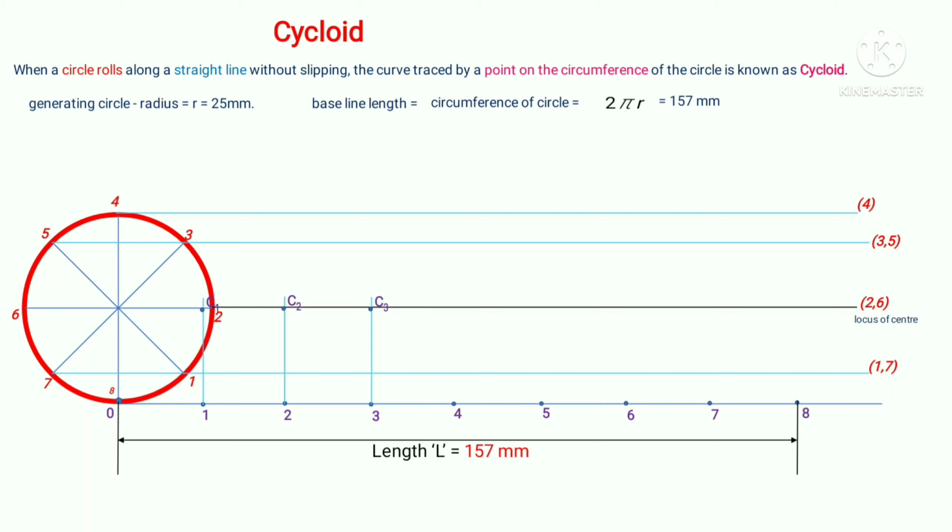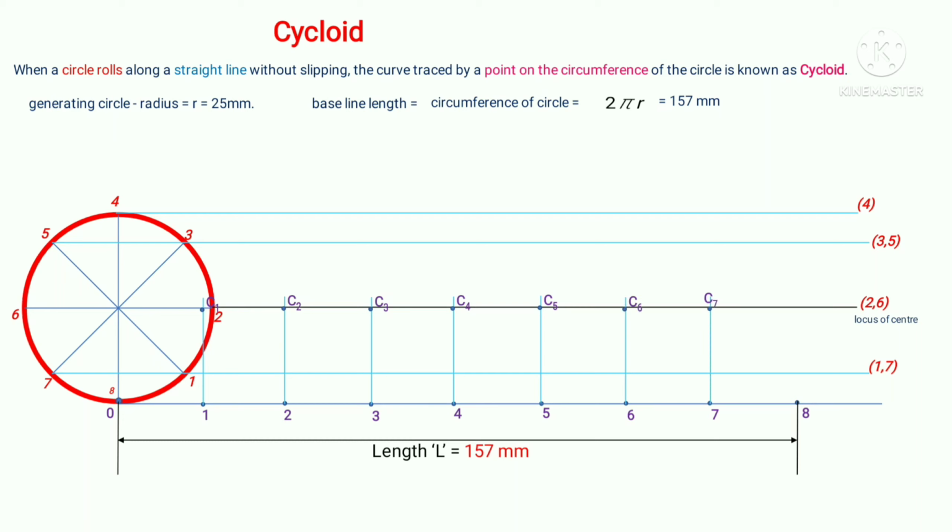From the base point 4, a vertical line is drawn and the point C4 is marked. Similarly, from the point 5 we get C5, from the point 6 we get C6, from the point 7 we get C7, and from the point 8 we mark C8, a vertical line drawn from the base point towards the center line.